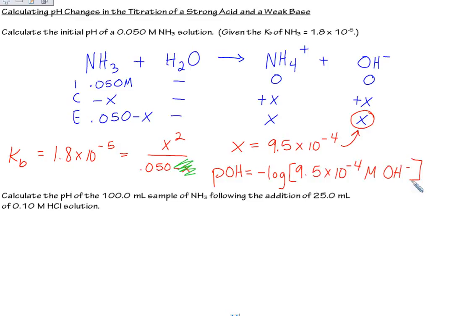And I get about, weird, 3.0. So if I subtract that from 14, I can get the pH. Let's just call it 11. If we just leave it at 2 sig figs, I'm okay with that. It makes some sense. It should be a base. I'm looking for a pH greater than 7. I'm okay with that.